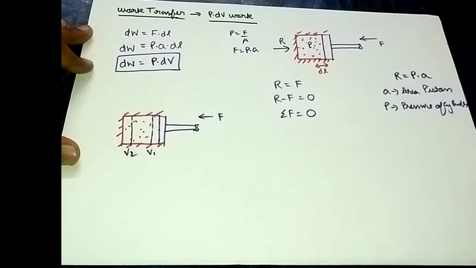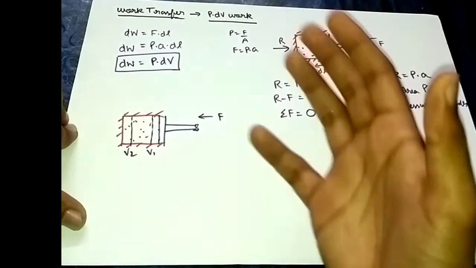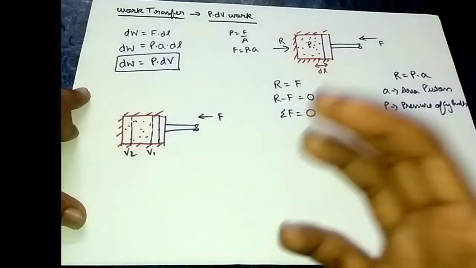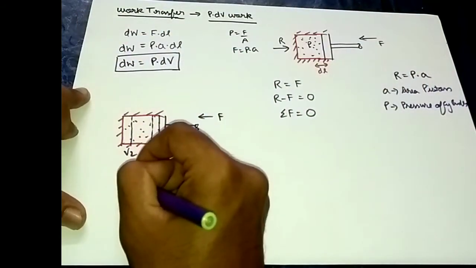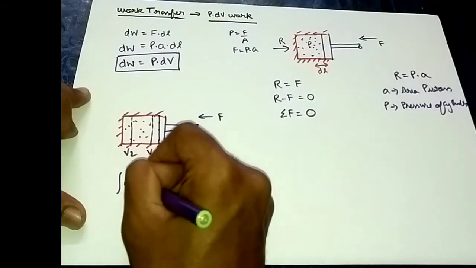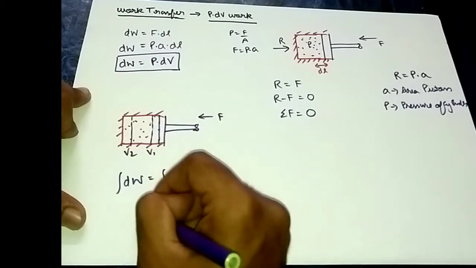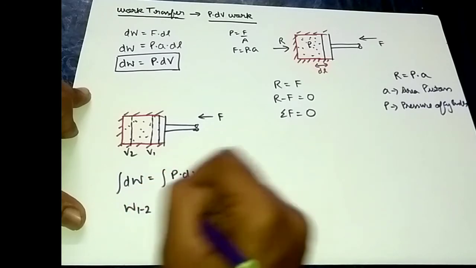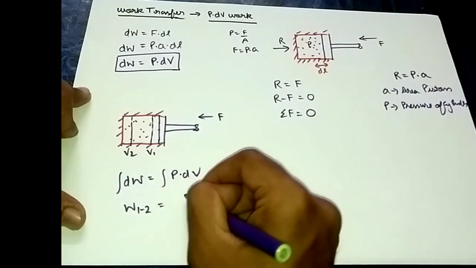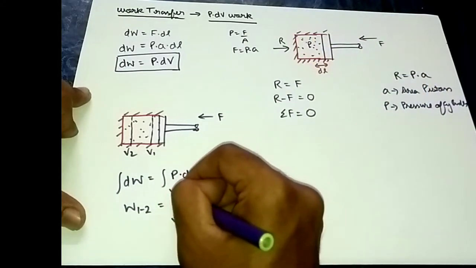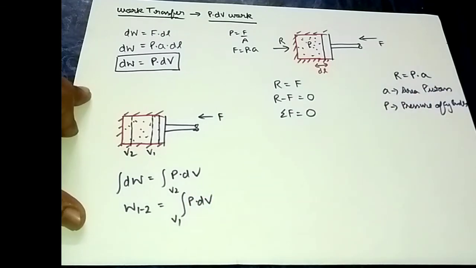Now when we move from volume V1 to V2, what will be the work transfer? We integrate. To know the work transfer from 1 to 2, we integrate dW with volume from V1 to V2. So I hope this is clear for you.